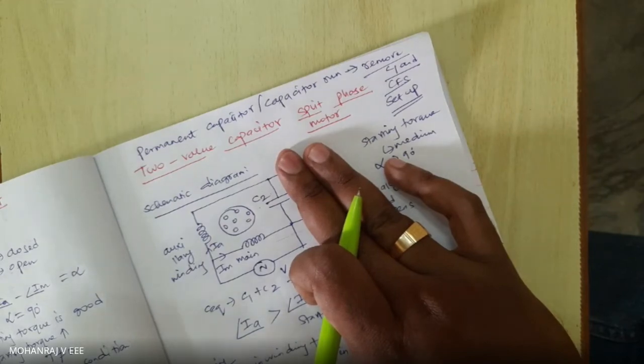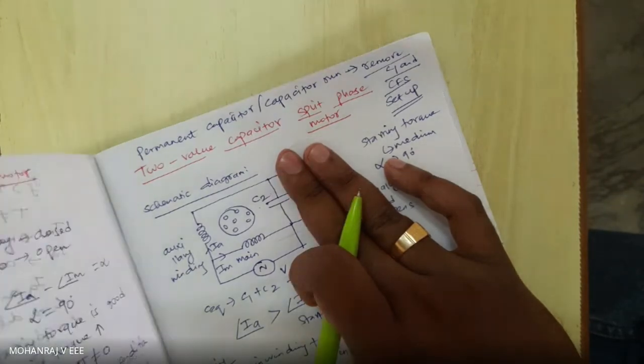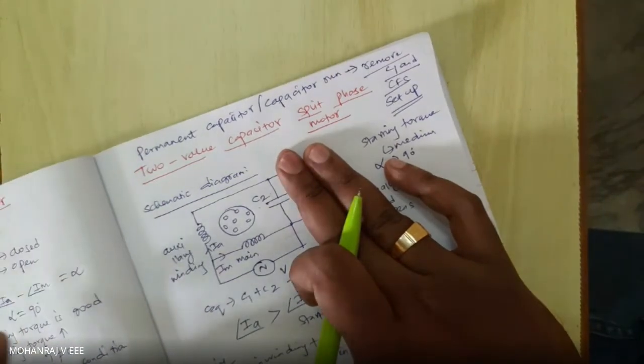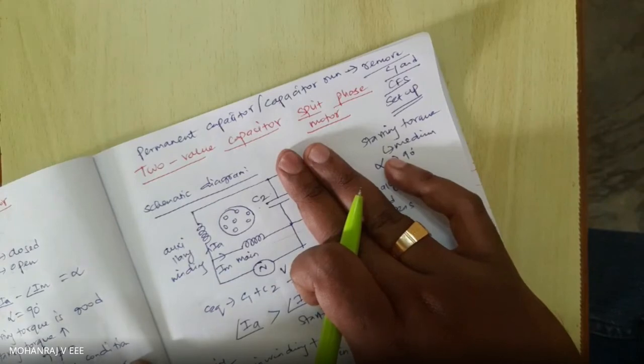What are the disadvantages of two value capacitor split phase motor? It has CFS and two capacitors, so there are chances that CFS may fail, so it is less reliable, whereas permanent capacitor motor is more reliable because we don't have any CFS.